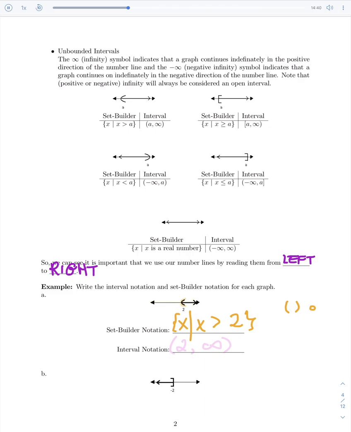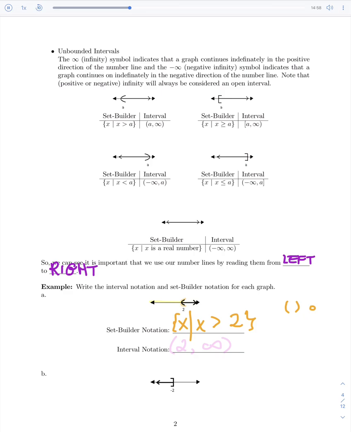Okay, now let's try reading our graph from left to right and put it in interval notation. If you read your graph from left to right, notice it doesn't even start until you hit the 2.